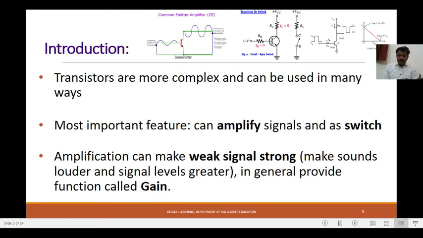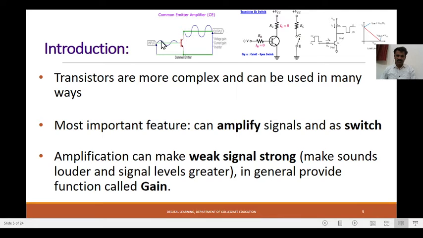The most important feature of a transistor is that it can amplify signals. This is a symbolic representation of a transistor, which has a base, emitter and collector. To the base you feed an input signal, and this signal gets amplified.